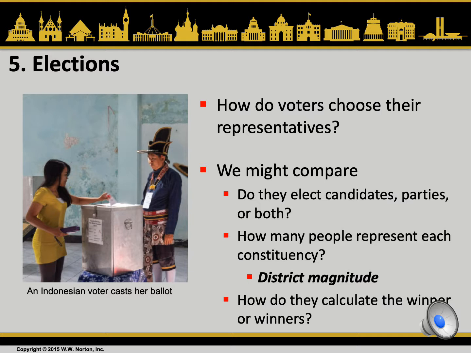And we can compare the types of processes, the focus of the elections in terms of people or parties or both, and make a judgment on how well all of that really supports rule by the people in terms of the selection of those that they want to represent them.